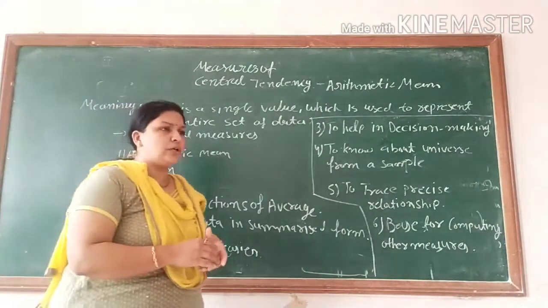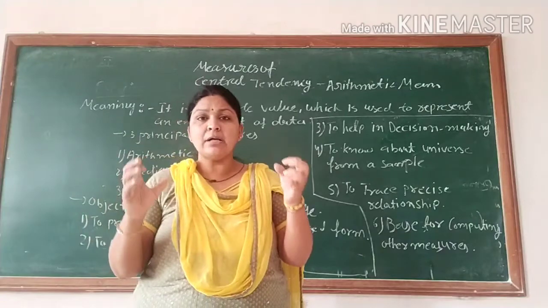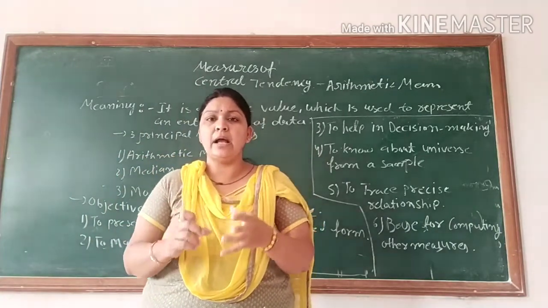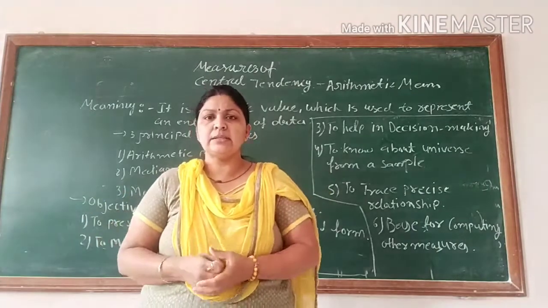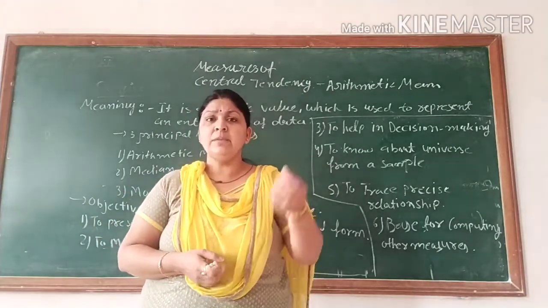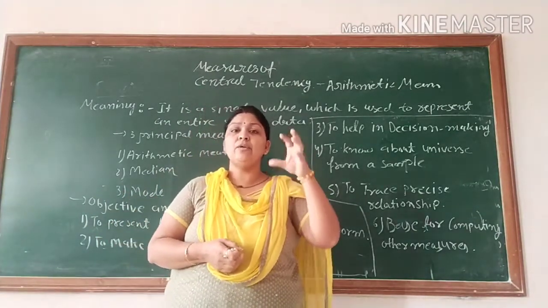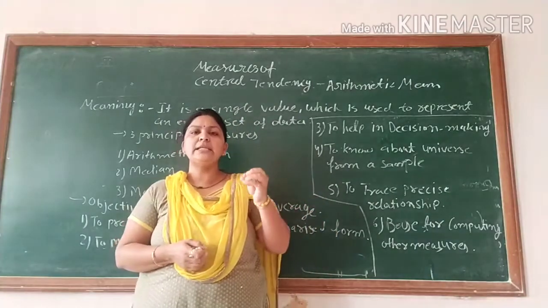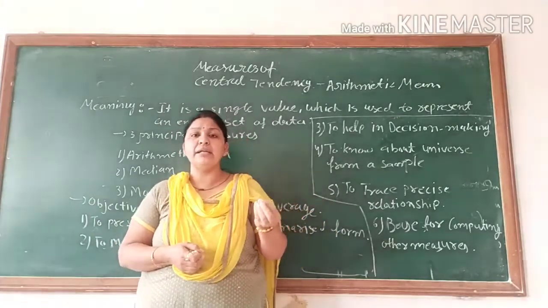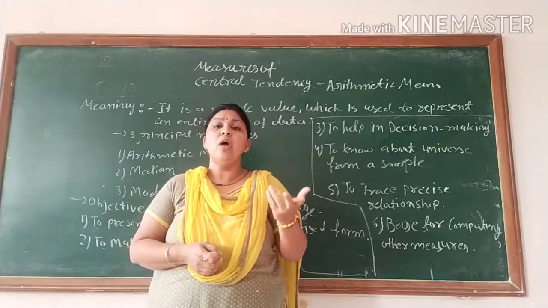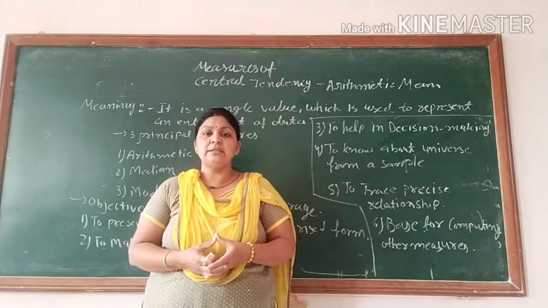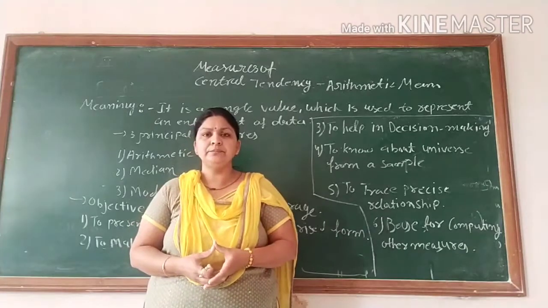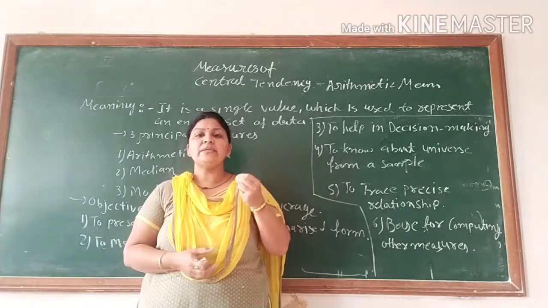It means when we are talking about the marks of 50 students in accountancy, marks of 50 students of statistics, different subjects we can say. So if we are taking the data of 50 students, what is the average marks, or what is the median, and what are the most frequent marks obtained by these students. So it is called the measures of central tendency.